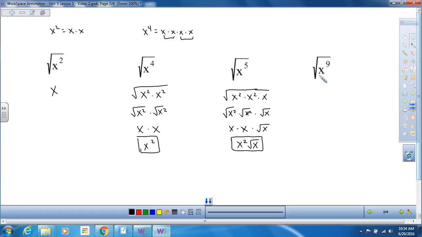Okay, x to the 9th. Well, first of all, maybe we want to think about it like this. x to the 8th times x. You have an extra x. So your x to the 8th you can write as 4 of these x squared. And then you have your extra x.